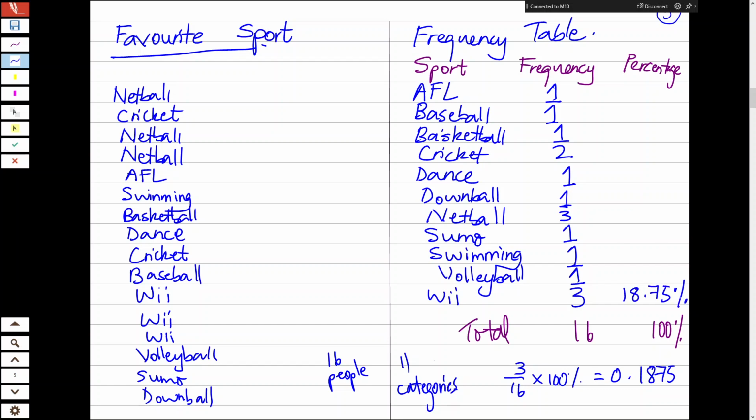Okay? So that's how you would fill in the percentage column. You need to do it for every one. Now, do I need to do the calculation again for netball? No. Frequency is the same. So that one's also the same. And then it's saying it should all add up to 100%. Yep. Okay. Very cool. All right.